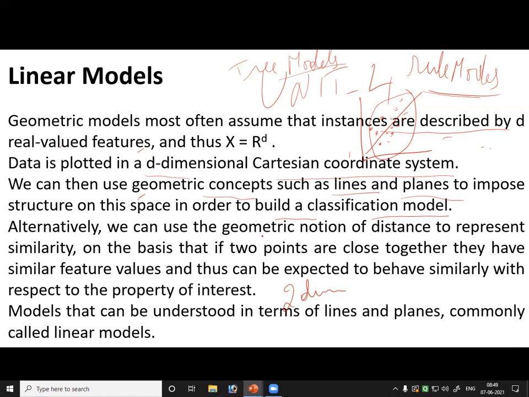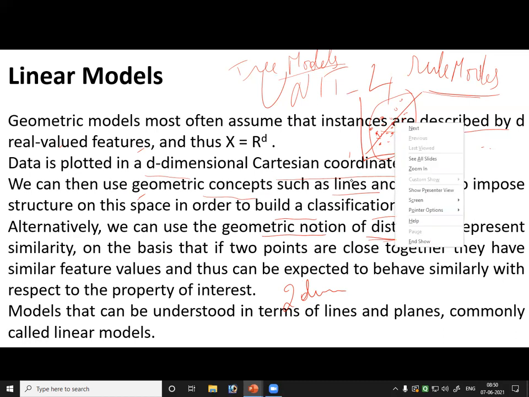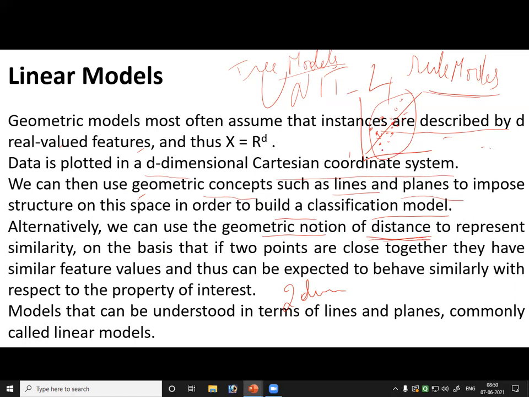Alternatively, we can use the geometric notion of distance. See how much distance there is. Some of our points lie on the line, and some other points do not lie on the line.